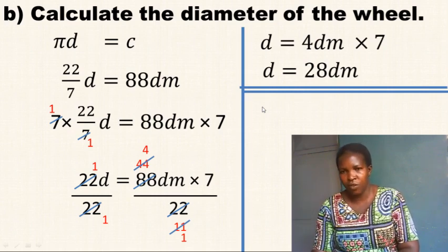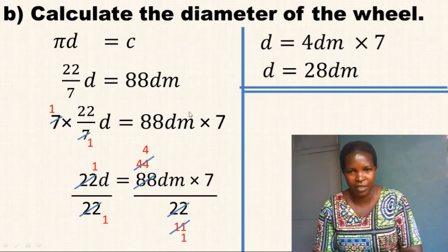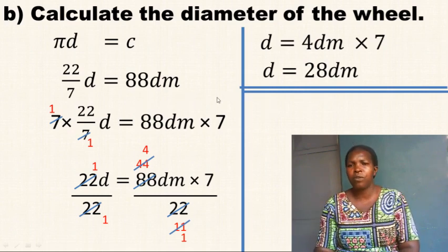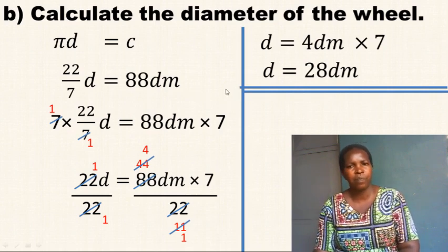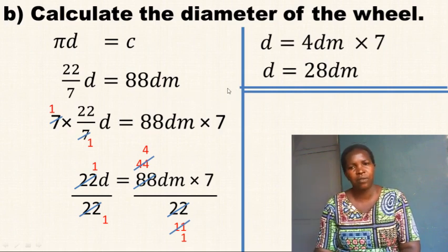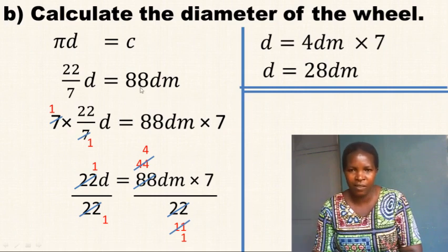And using that formula, you were all in position to come up with our circumference as 88 decimeters. We could also look for circumference using the knowledge of proportions, and we came up with our circumference being 88 decimeters.